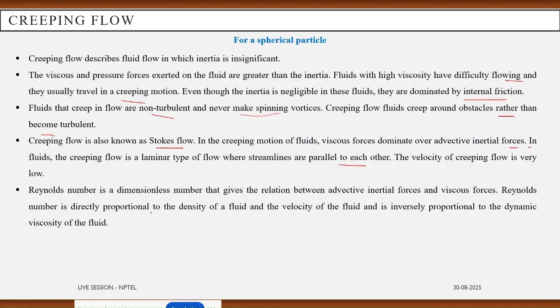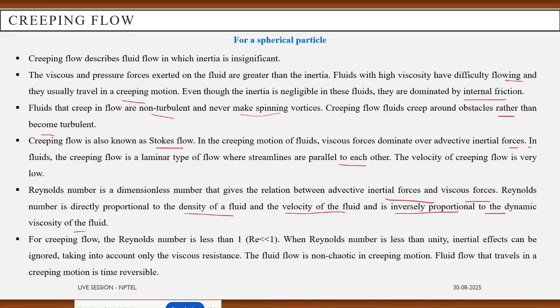Reynolds number is a dimensionless number that gives the relation between the advective inertial force and the viscous force. Here the Reynolds number is directly proportional to the density and the velocity of the fluid, and inversely proportional to the dynamic viscosity of the fluid.